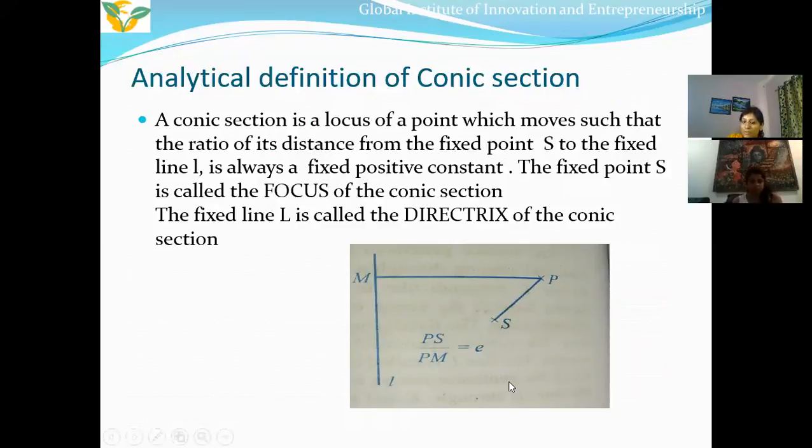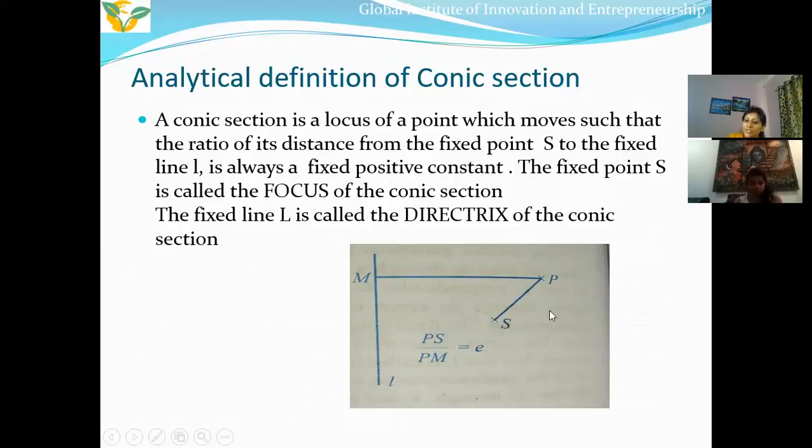Now, once again, I'll go back to the definition. The conic section is the locus of a point which moves such that the ratio of its distance, the ratio meaning there will be a numerator term as well as a denominator term in simple language. So the ratio of its distance from the fixed point to the fixed line is a positive constant.